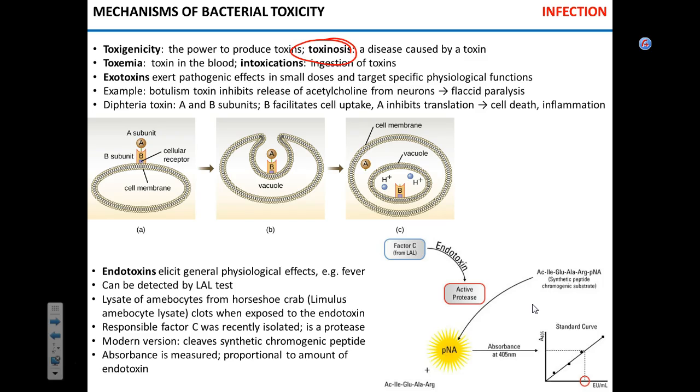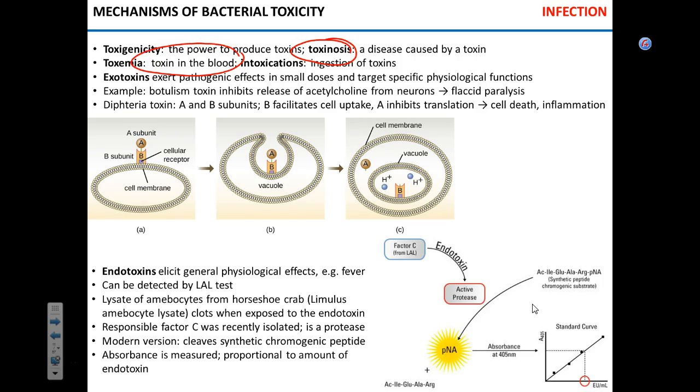Toxinosis. Tetanus is toxinosis. Botulism is toxinosis. Diphtheria is toxinosis. If a disease is caused by a toxin, this is toxinosis. Okay. Toxemia. Presence of toxin in the blood. Generally, anything with emia means in the blood.